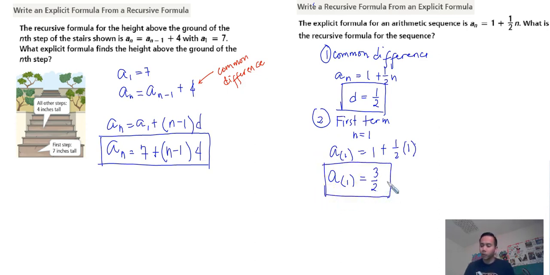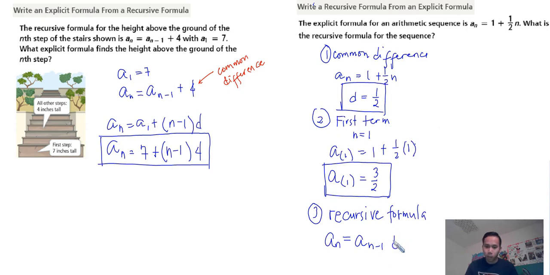Now we have the common difference and we have the first term. You can now write the recursive formula. So a sub n will be a sub n minus 1 plus d, the common difference.